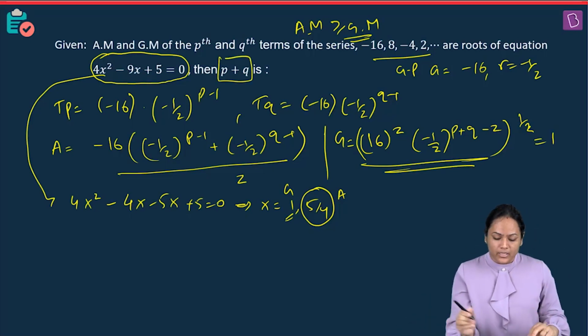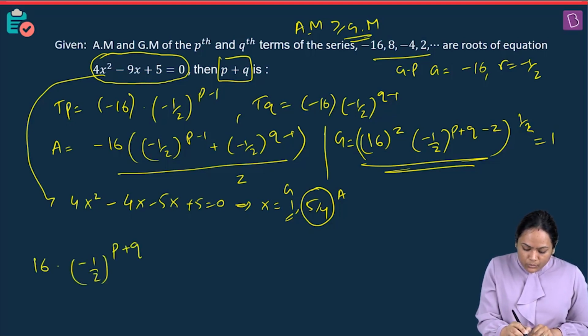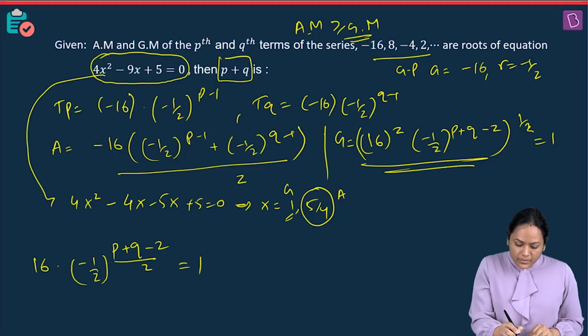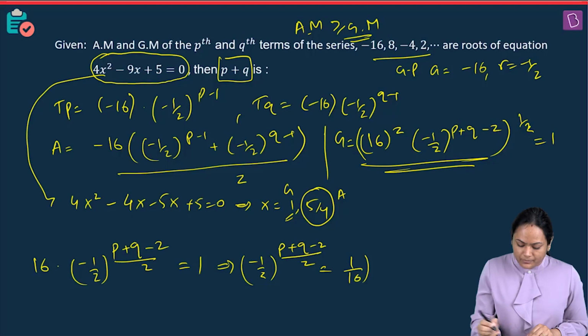Clear? Okay. So the geometric mean is going to become 16 square raised to 1 by 2, which is 16. Then I have minus half raised to (P plus Q minus 2) whole divided by 2 is equal to 1. From here I can say that minus half raised to (P plus Q minus 2) divided by 2 is equal to 1 by 16.